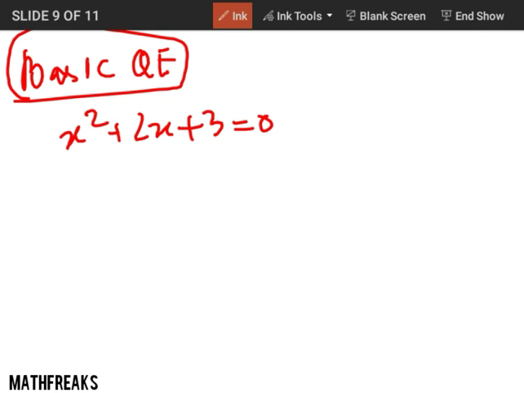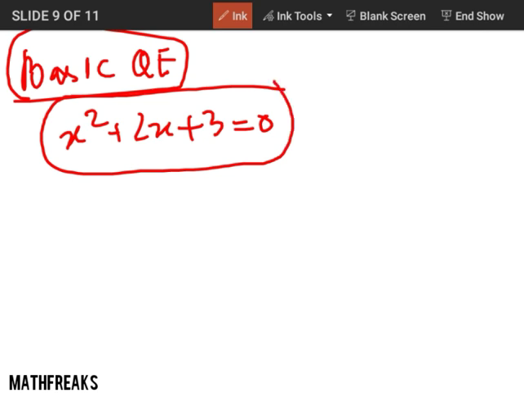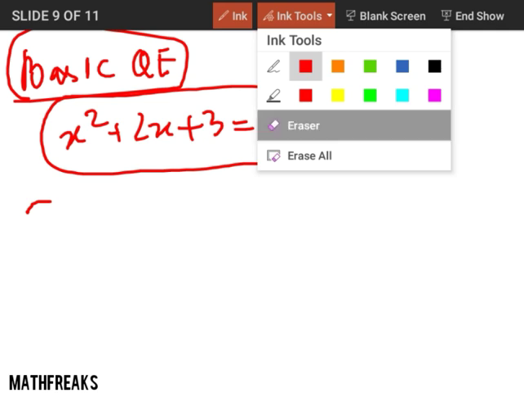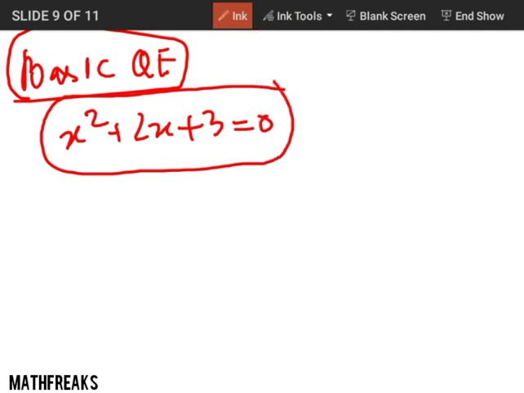There are many ways to solve a quadratic equation. One way is to factorize it, other way is to use the formula, that is the Sridhar's formula, right? First of all, this type of quadratic equations, you cannot factorize it, right? So what you have to do is use the Sridhar's formula. What is Sridhar's formula? Say there's an equation ax square plus bx plus c equals to 0. This is a quadratic equation.